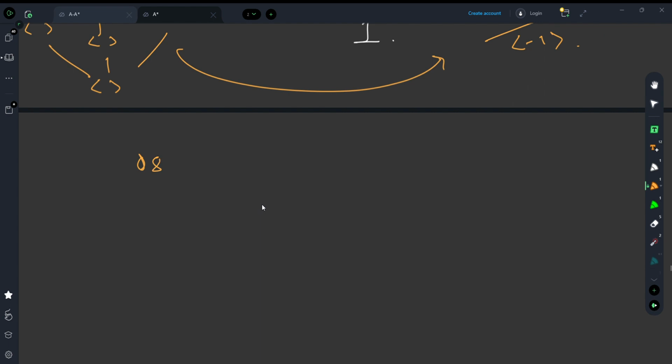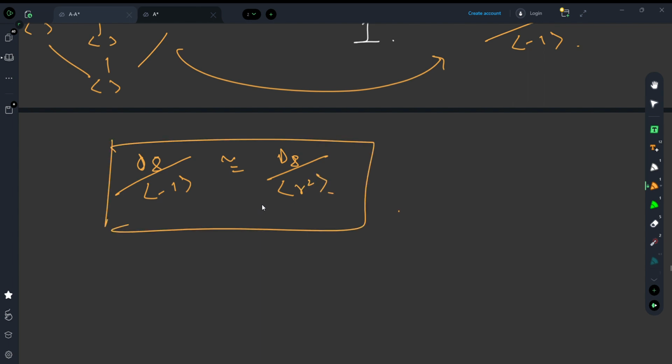So in a way, from the lattice isomorphism theorem, we can say that Q8 mod -1 is isomorphic to D8 mod R squared. An important observation which you can bring out from here is that the subgroup generated by -1 is isomorphic to the subgroup generated by R squared in D8, because this is order 2, this is also order 2. So both are cyclic subgroups of order 2, hence are isomorphic to Z2.